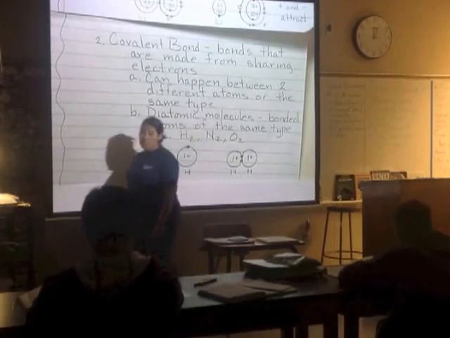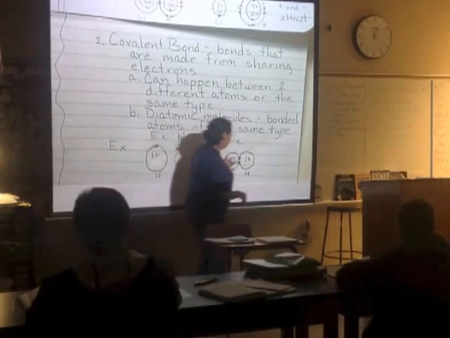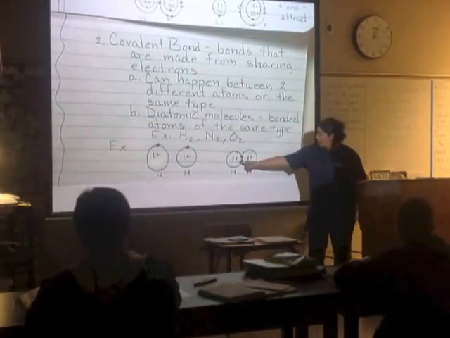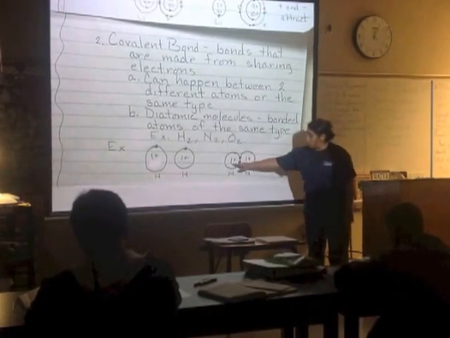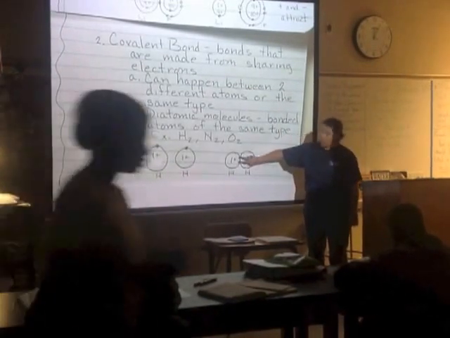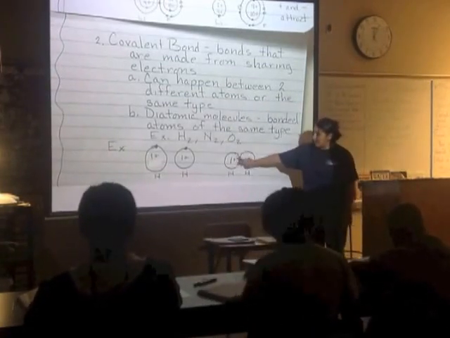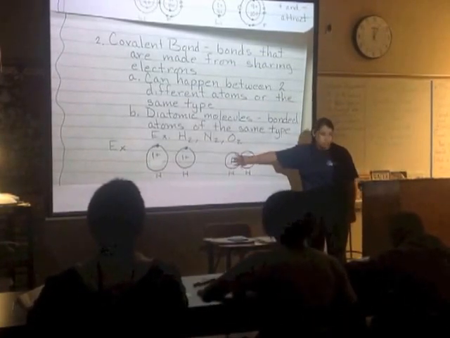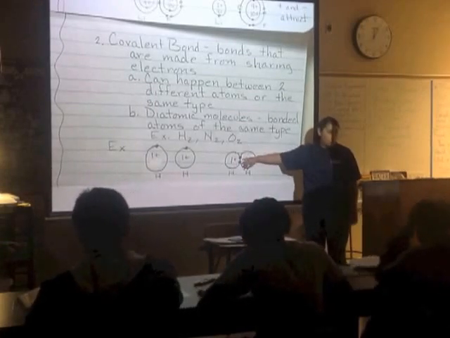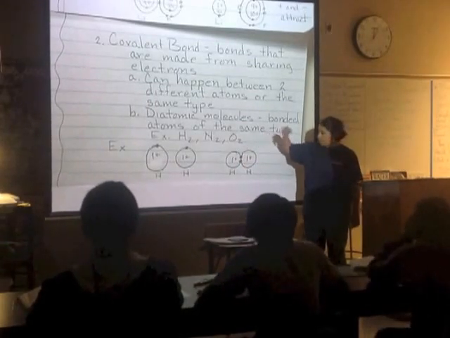Okay? Now, when we look at this, you have one proton. So these are 2 hydrogen atoms. But the electrons are just going to be shared right here. So basically, they're going to stay in an area where both of them get the charge.